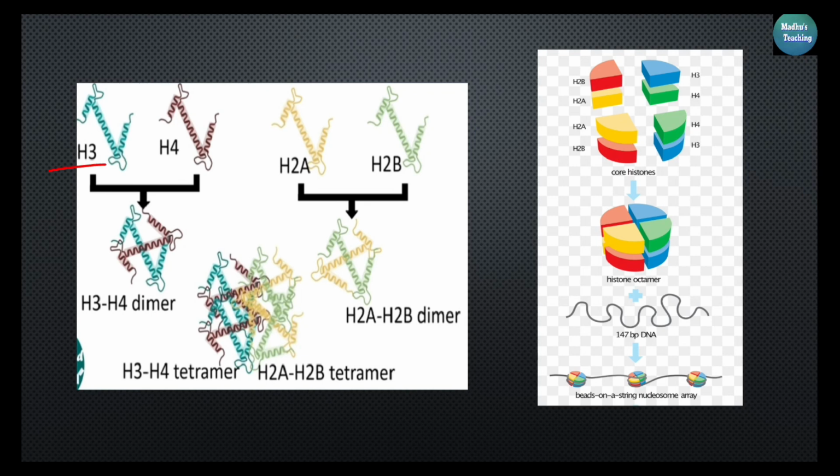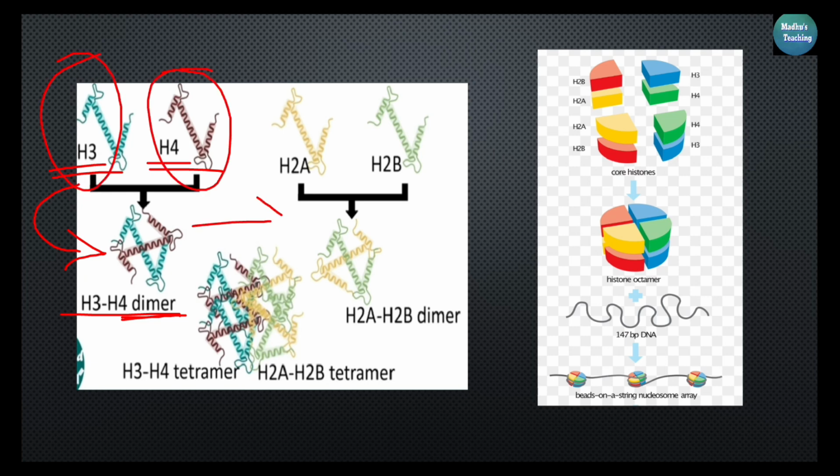This is H3 histone protein and this is H4 histone protein. When the H3 and H4 histone proteins are bound together, they form the H3H4 dimer. Dimer means two, it has two molecules: H3 histone protein and H4 histone protein.